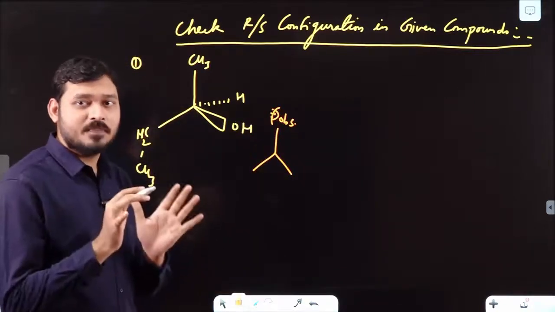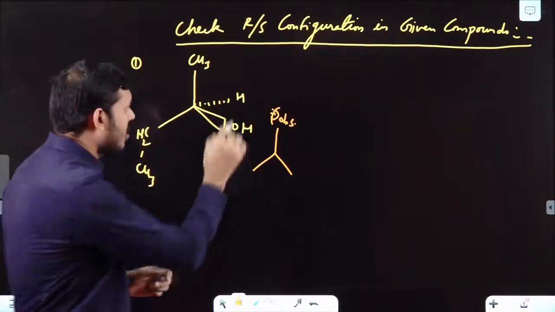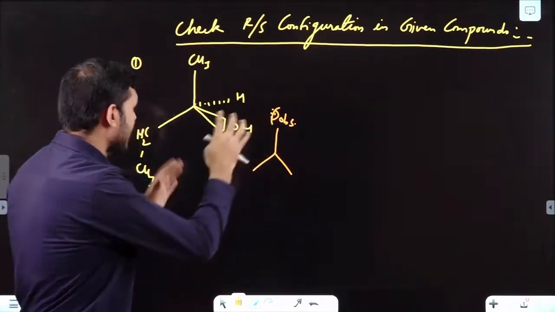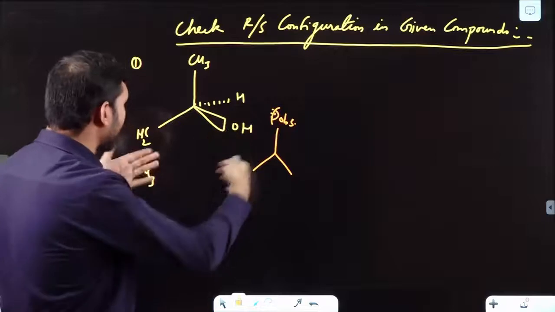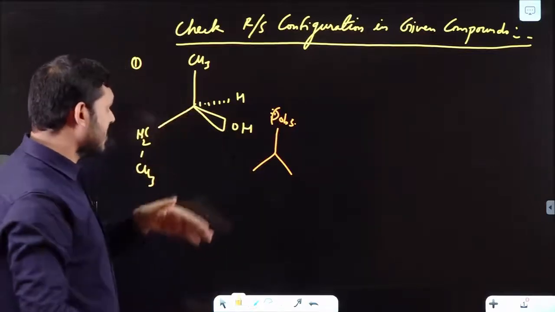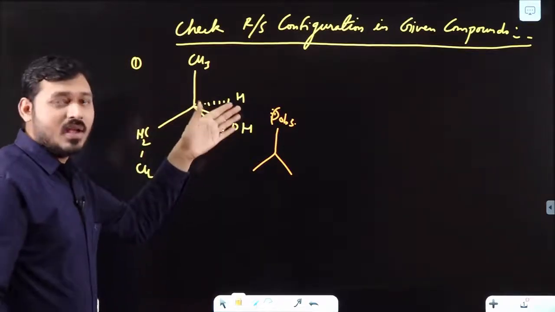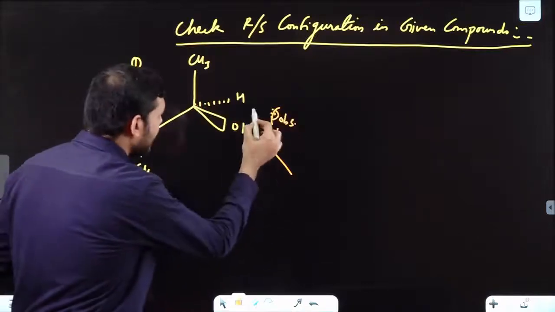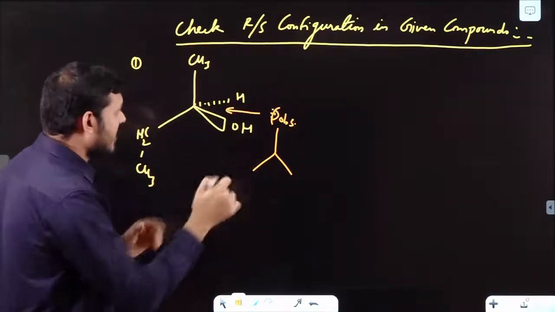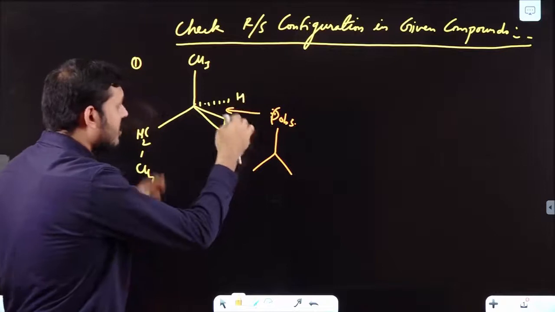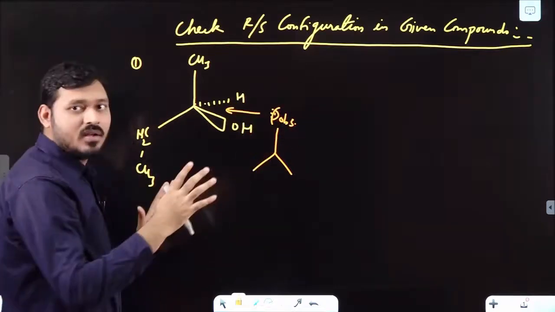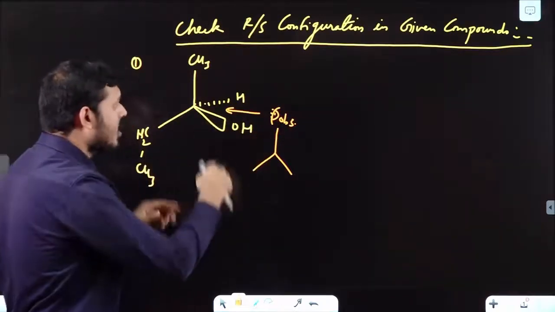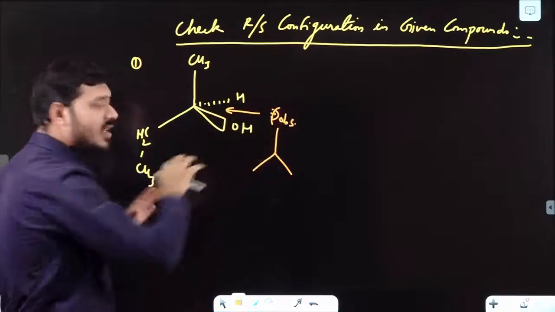From the front, what I can see, this OH is towards me and hydrogen is away from me, but when the observer sees here, he will find this hydrogen and OH both are on his side only, both are towards him, but one is on the right side, one is on the left side.